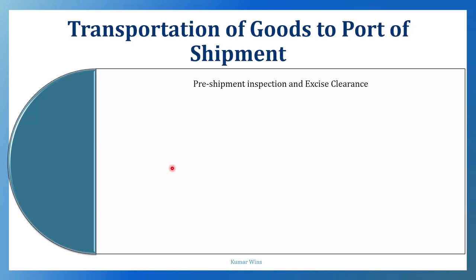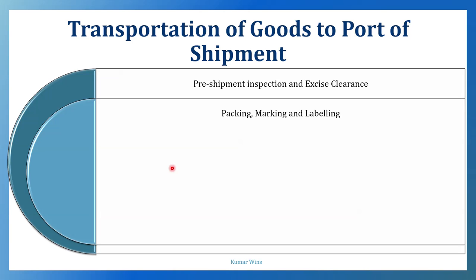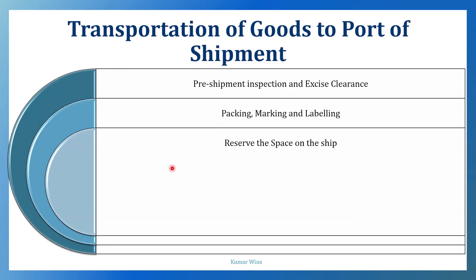So after the production department has completed the excise clearance and the pre-shipment inspection formalities, the export goods are packed, marked, and labeled. At the same time, the export department takes steps to reserve a space on the ship through which goods are to be sent. Because excise clearance is over, pre-shipment inspection is over, and now the goods are packed, marked, and labeled.